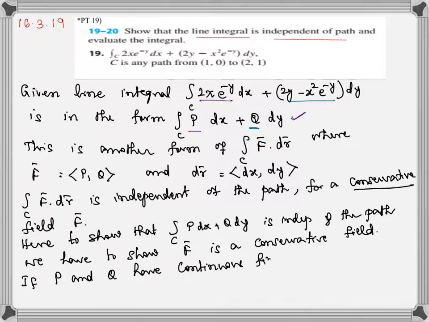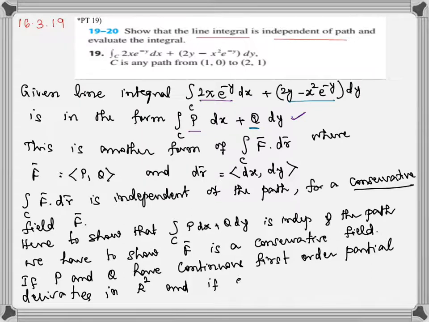If P and Q have continuous first order partial derivatives over R2, and if the partial derivative of P with respect to y is the same as the partial derivative of Q with respect to x, then F is conservative. This is the condition for F to be conservative in a two-dimensional space.